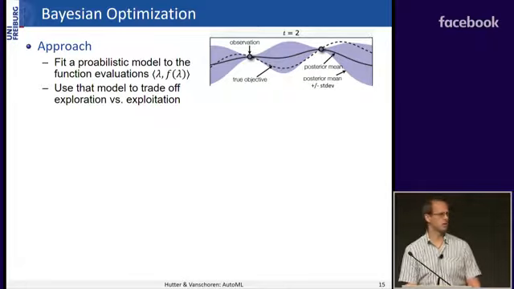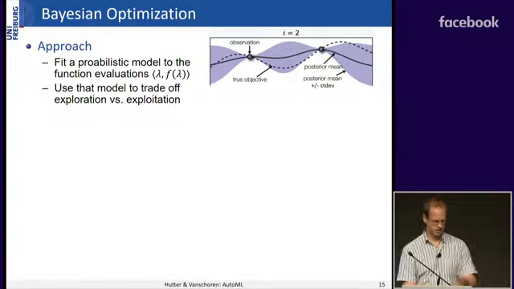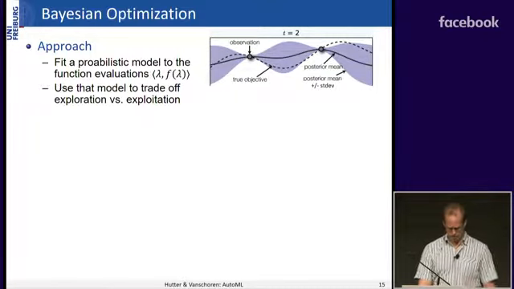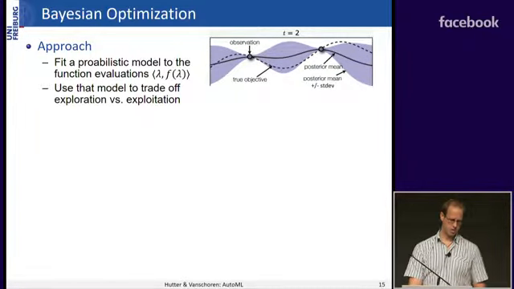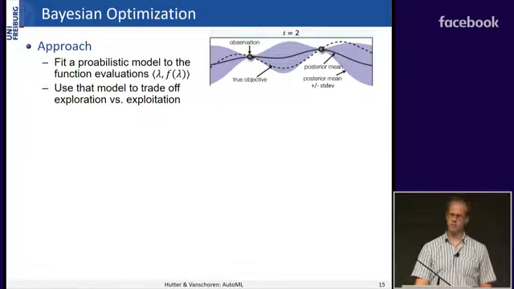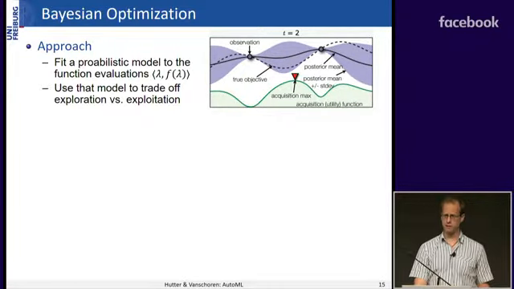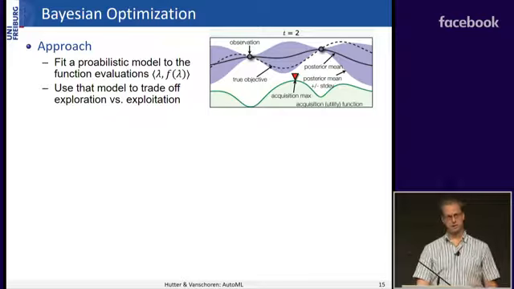Typically, you use Gaussian processes for this, which give you a mean function here in a solid line and an uncertainty estimate here in this blue funnel. And you use this uncertainty estimate in order to trade off exploration versus exploitation. So exploitation in areas where the function is predicted to be high, in this case we're maximizing, and exploration in parts of the space where you haven't evaluated yet. This trade-off is formalized by means of a so-called acquisition function, and there's various different acquisition functions.